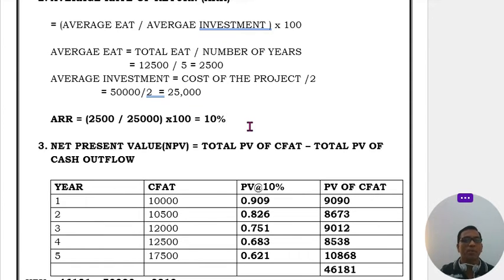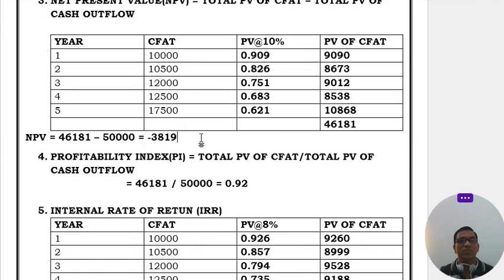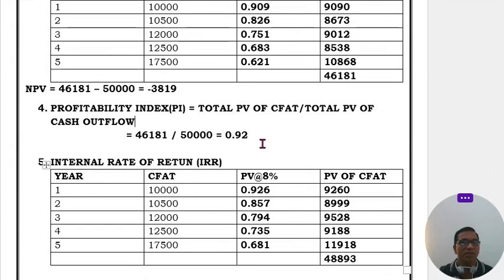Coming to the NPV, net present value. If NPV is positive, accept the project. If NPV is negative, reject the project. Here NPV is negative, so reject the project. Coming to the PI, profitability index. PI should be more than 1. If the PI is more than 1, accept the project. If PI is less than 1, reject the project.